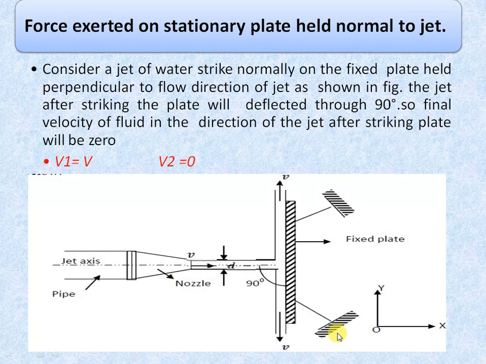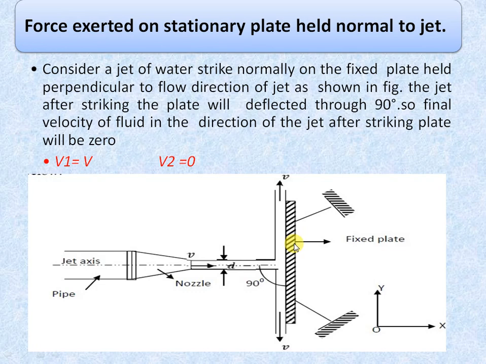In this case our assumptions are: the plate is smooth, the velocity remains the same, the flow is continuous, and there are no other losses. When the jet strikes the plate, the initial velocity of the jet is v, and after striking, the jet is deflected through 90 degrees and the velocity after striking will be 0.